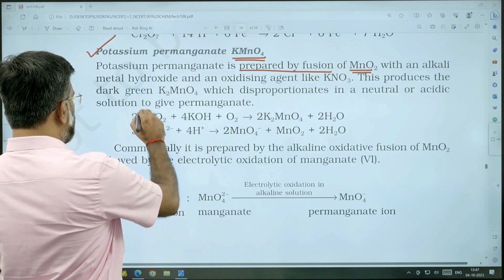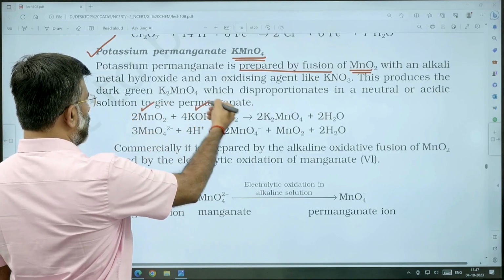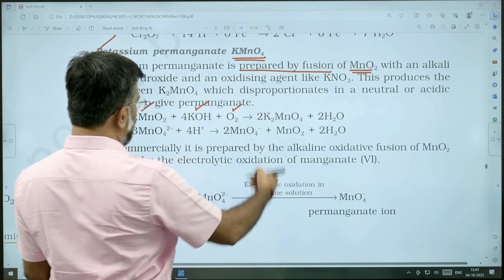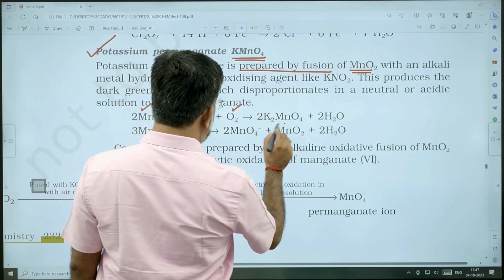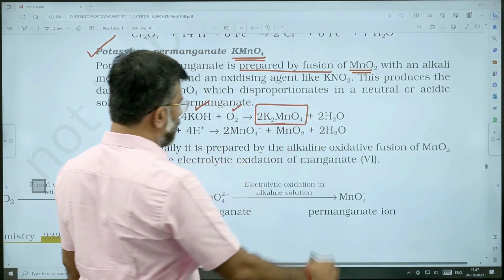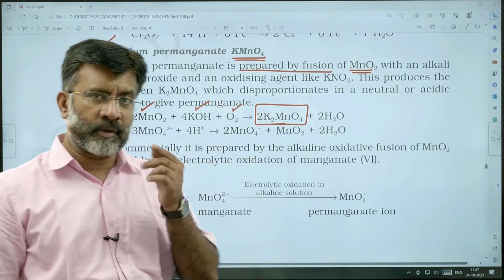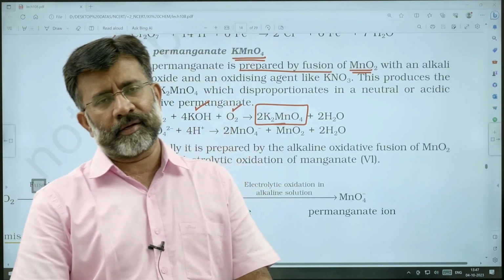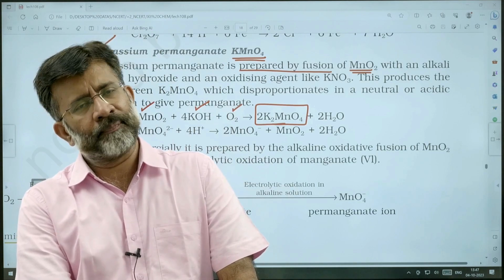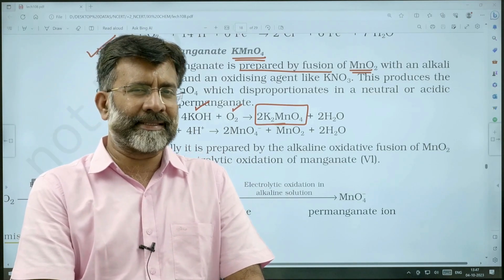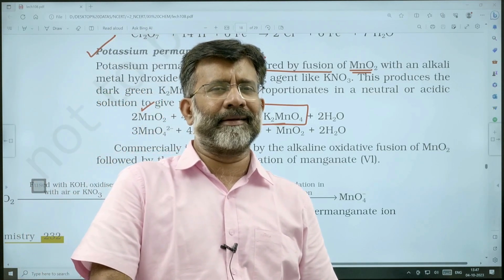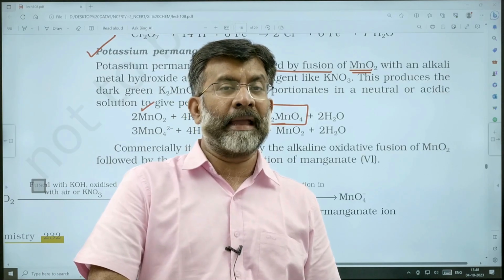So when MnO2 is fused with the alkali metal hydroxide in free excess of air, you get a dark green colored potassium manganate, K2MnO4, manganese in the +6 state. Dark green colored product, potassium manganate, is obtained.